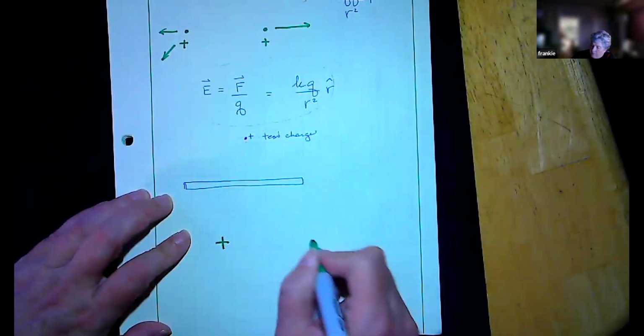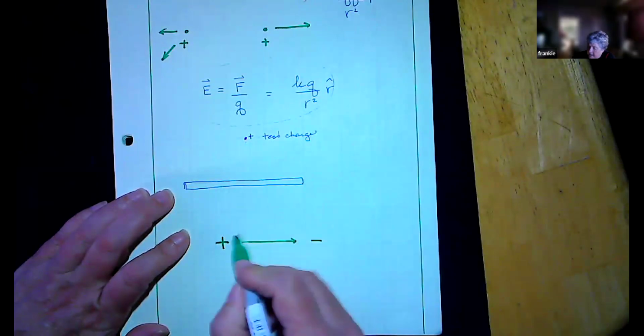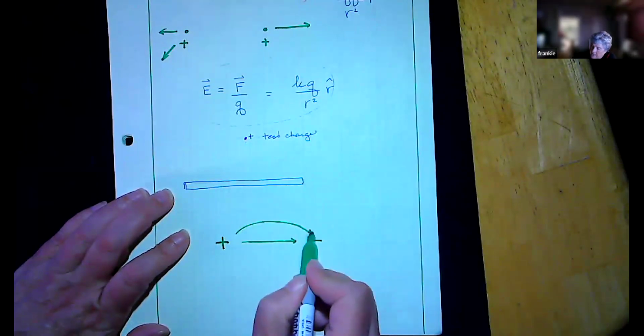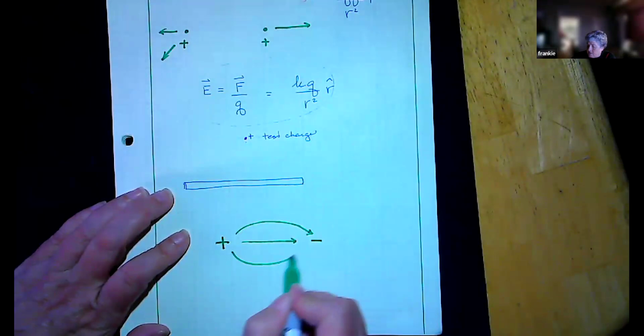So this gives us our idea that I can have a dipole and I can draw field lines for my dipole, and we can actually construct these field lines.